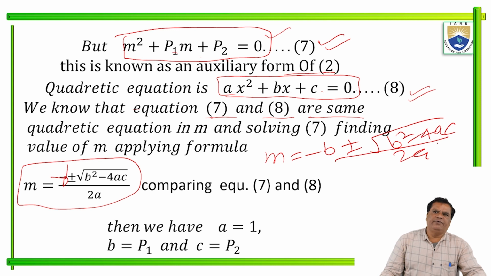This formula is given by Shridharacharya. He is an Indian mathematician who gave this formula. Comparing equations 7 and 8.